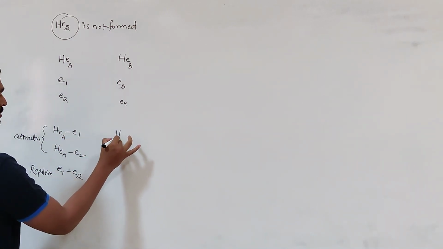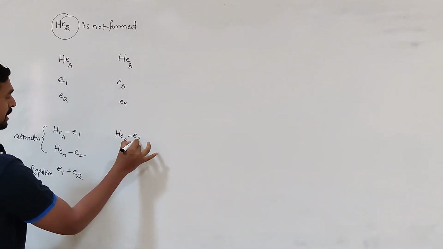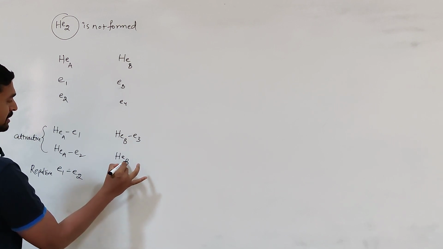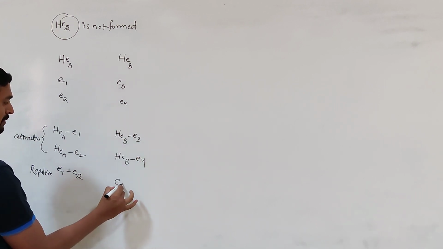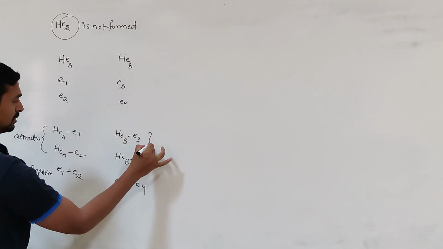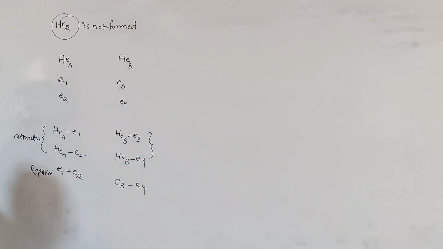Similarly, here also HeB-E3, HeB-E4, and between E3 and E4 the repulsive forces are operating. These are the attractive and repulsive forces operating between the electrons and the nuclei of each helium atom.